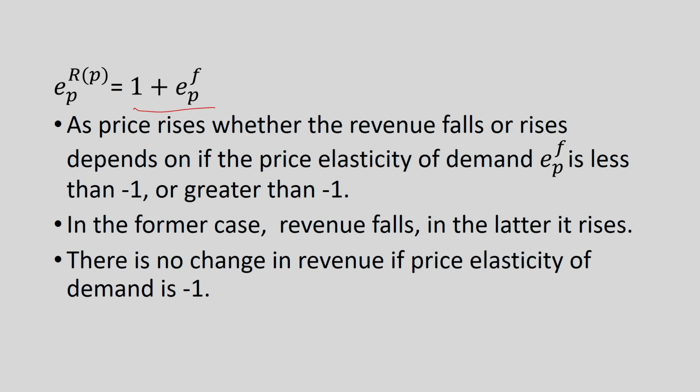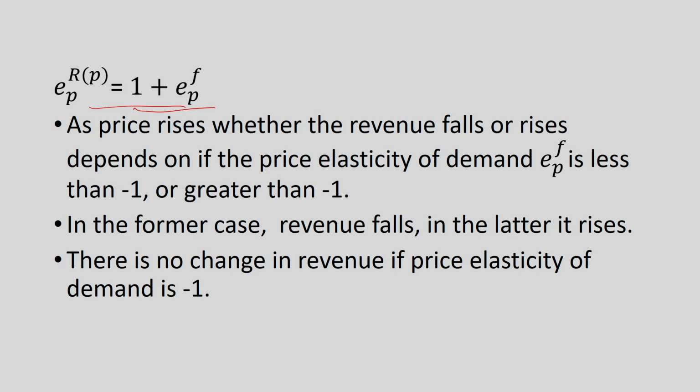So, as price rises, whether the revenue falls or rises depends on whether the price elasticity of demand is less than -1 or greater than -1. In the former case, that is, if the price elasticity of demand is less than -1, then this whole expression becomes negative. So, therefore, the revenue falls as the price rises.